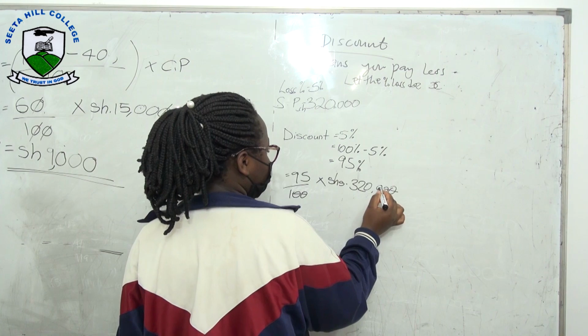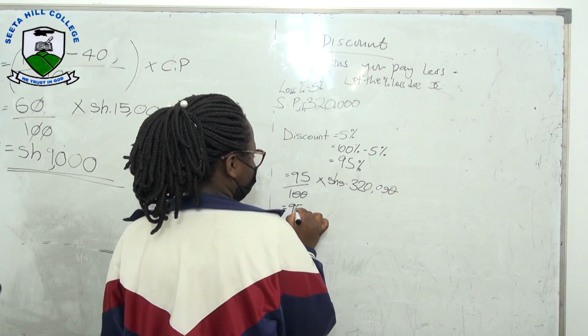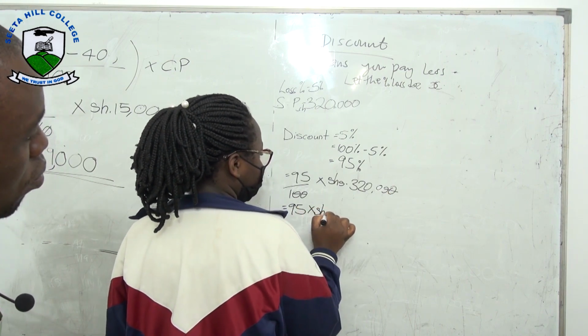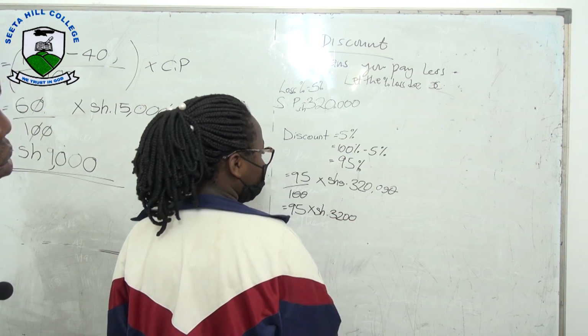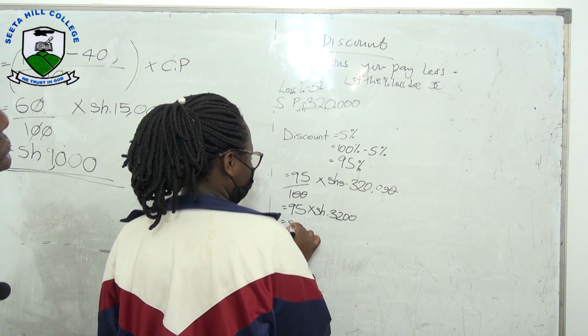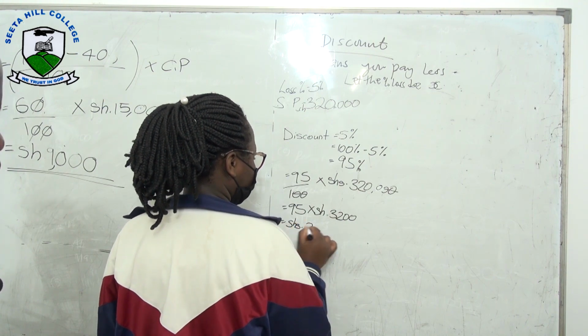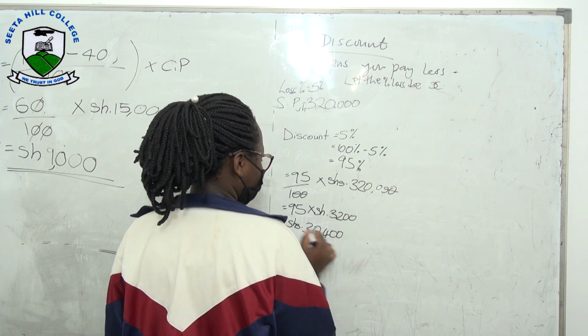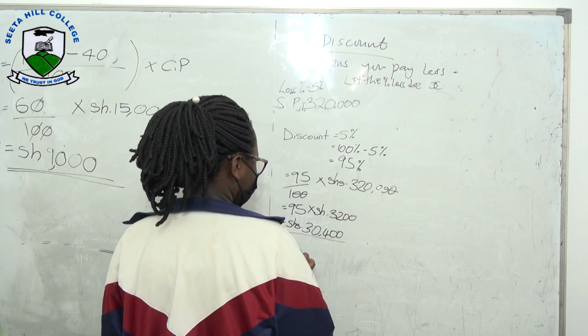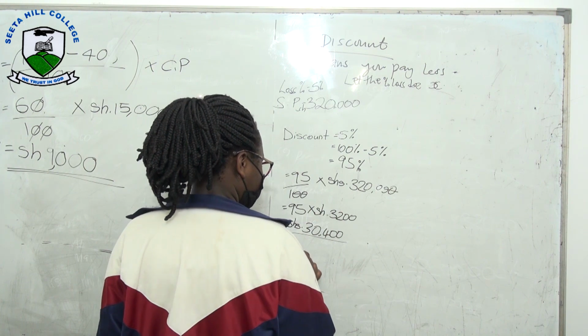Keep time. So it will be 95 times 31. Let's have a find. So this is the first course. That's what we're doing.